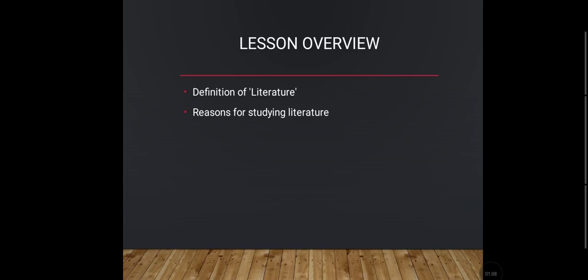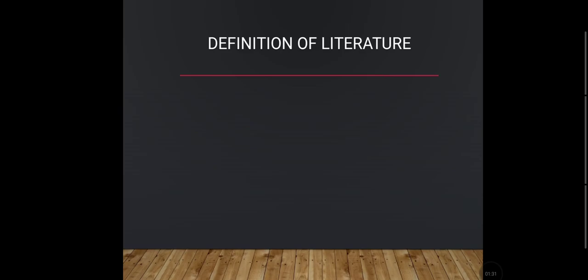We are also going to talk about the genres of literature. We are going to identify the main genres, which we'll be doing one by one. So let us begin by defining literature.